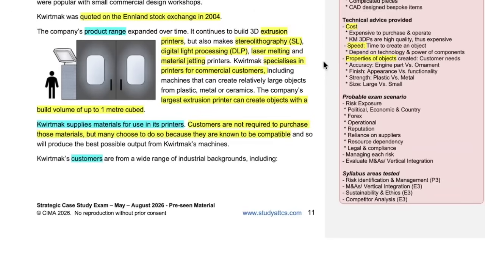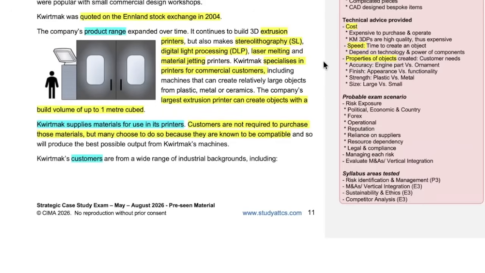So when you manufacture ornaments, accuracy is not really a concern. And similarly, in terms of finish, appearance versus functionality should be taken into consideration. So if you are manufacturing a part which is utilized within a car engine, for instance, the appearance doesn't matter. You have to focus on functionality.